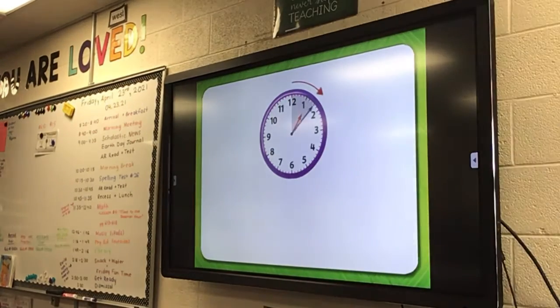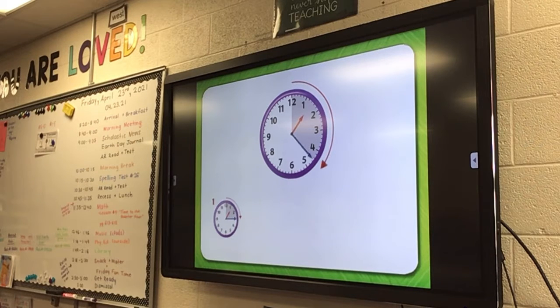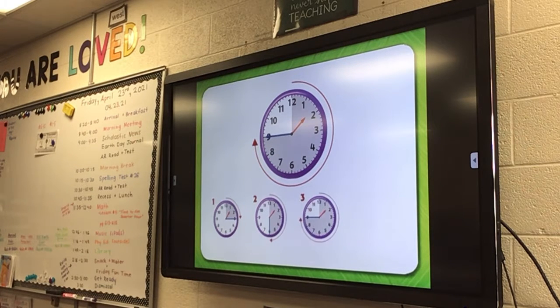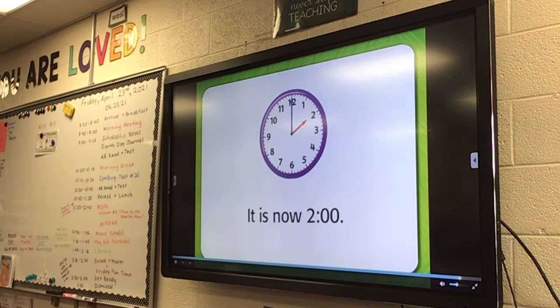From 1 to 1:15 is 1 quarter hour. From 1:15 to 1:30 is 2 quarter hours. From 1:30 to 1:45 is 3 quarter hours. And from 1:45 to 2 o'clock is 4 quarter hours. So 4 quarter hours or 1 hour have passed. It is now 2 o'clock.